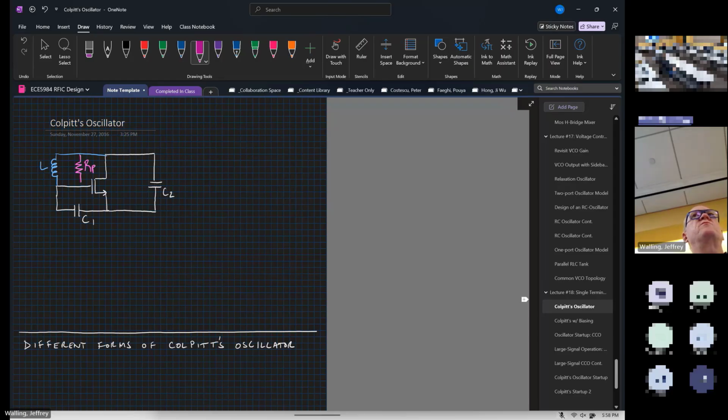That inductor is bringing a real loss with it associated with the RP value. We know that if we want to get this to oscillate, our oscillation frequency is going to take the form of omega naught is equal to 1 over square root of L times C total.